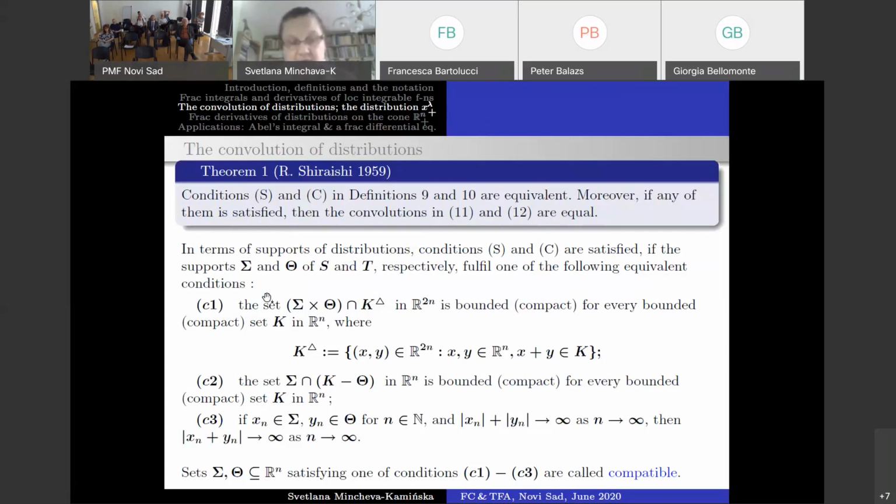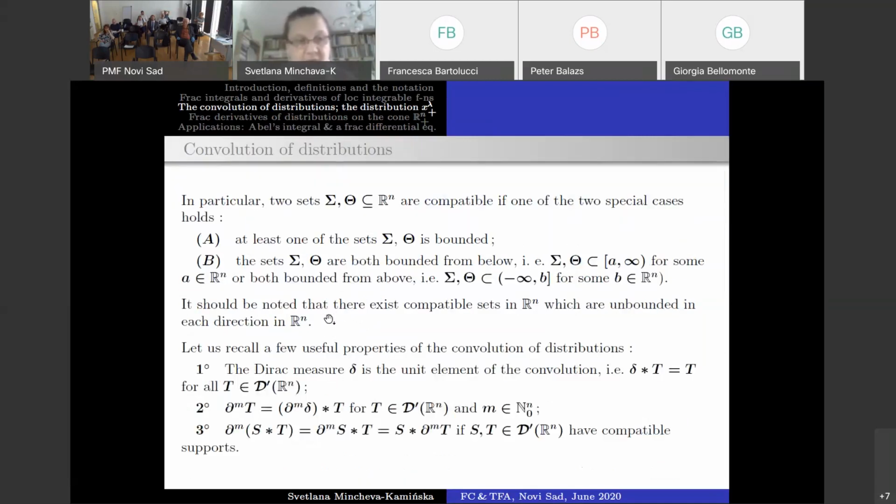If sigma and theta are the supports respectively of distributions S and T, these three conditions for these supports are conditions for compatibility of the sets of the supports of these distributions, and when these sets are compatible, then the considered distributions are convolvable, of course.